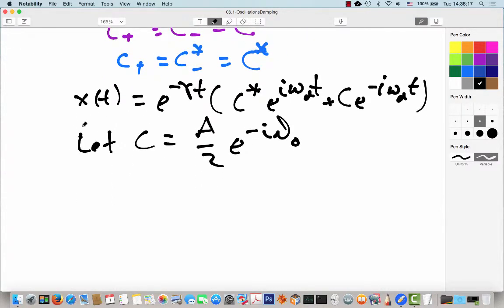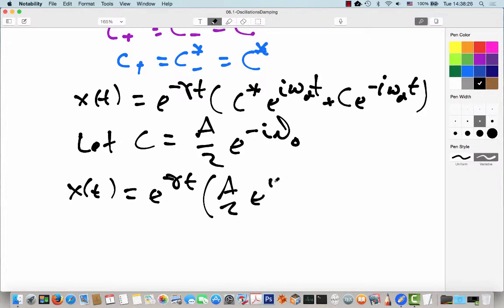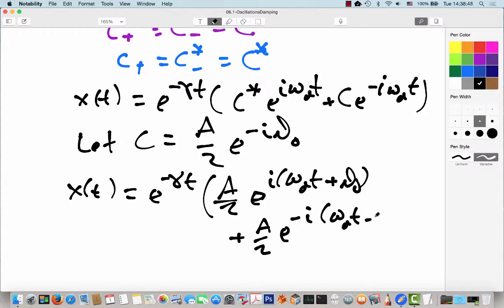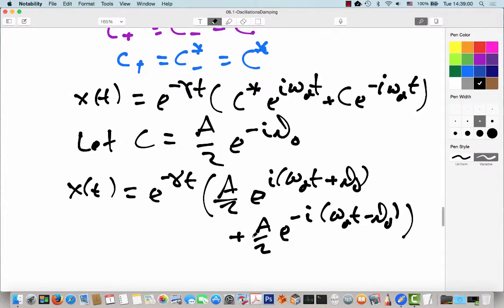So I can rewrite my x of t as e to the minus gamma t times a over 2 e to the i omega d t plus theta naught, plus a over 2 e to the minus i omega d t minus theta naught, from the complex conjugate. All right, that's all well and good.